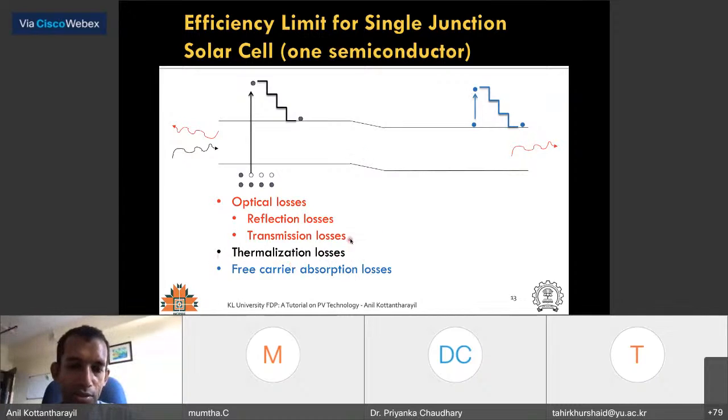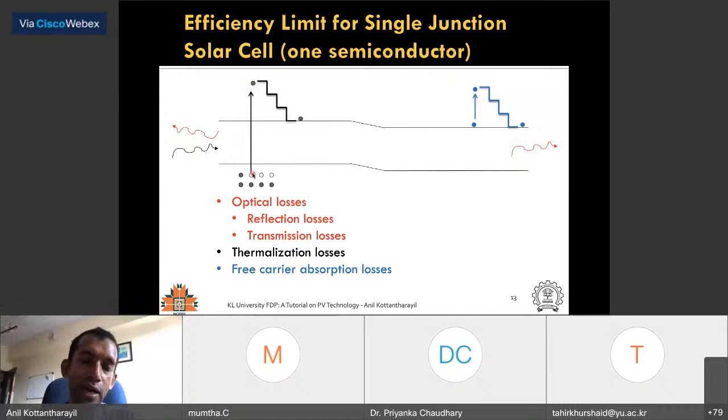Second is thermalization loss. This is an interesting thing. What does it mean? This is the band gap of the semiconductor, and for silicon the band gap is 1.1 eV. On the other hand, if you take, for example, a 620 nanometer wavelength light, which is red light, then the photon energy is 2 electron volts.